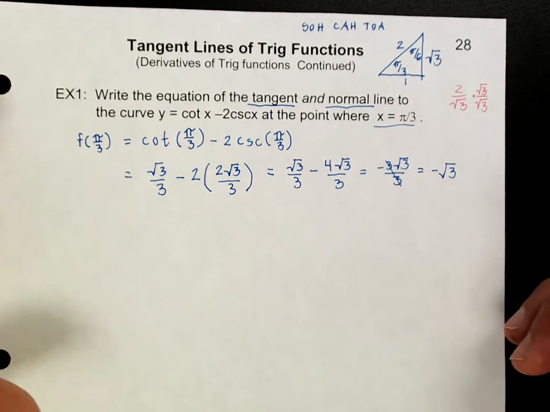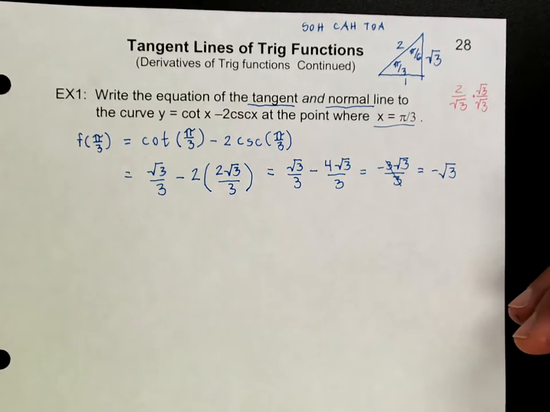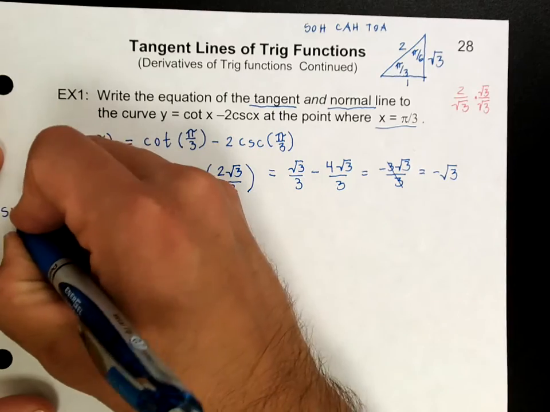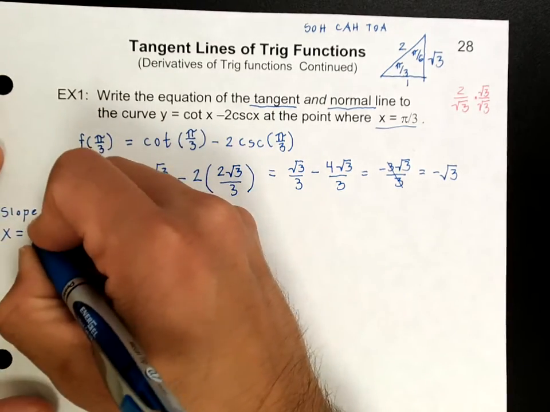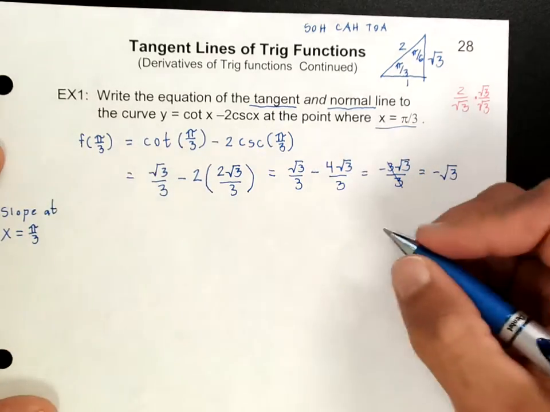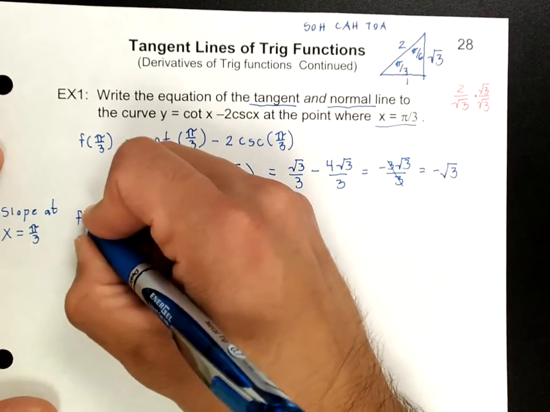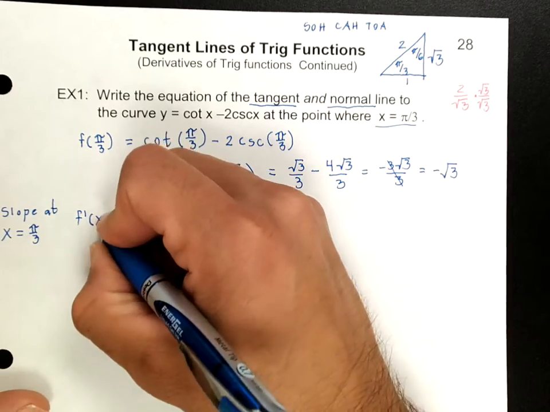So I'm now going to try to figure out the slope at x is equal to pi over 3, but the first thing I need to do is find the derivative. Because if I find the derivative and plug that in, I would get my slope.